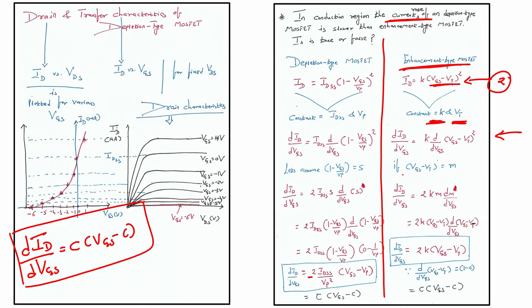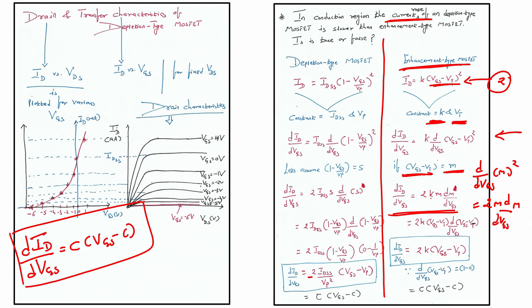Now, if I assume VGS minus VT is equal to M, then I will have dID by dVGS equals 2 times K M dM by dVGS. Again, it is a similar thing, right. What we have is d by dVGS of M square, which is nothing but 2 times M d by dVGS of M. This is what we have written here.